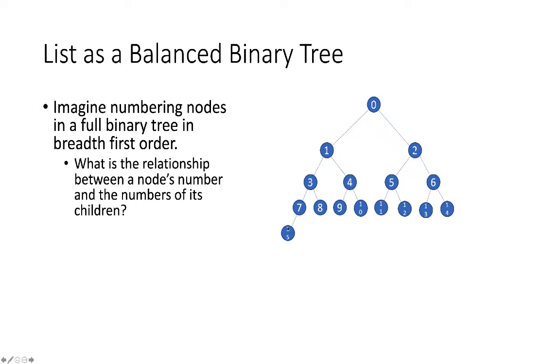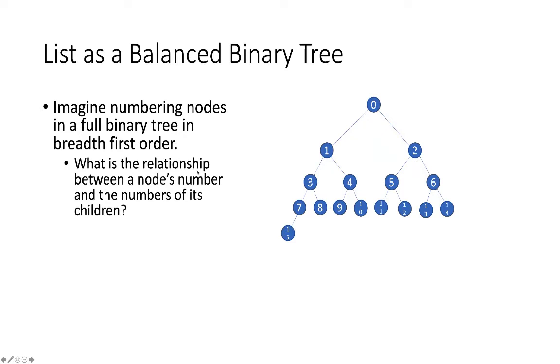So if we think about a full binary tree with nodes numbered according to their position in the tree, like in a breadth first order, there's a specific relationship between a particular node's number and the numbers associated with its children. So node 0 has children 1 and 2. Node 1 has children 3 and 4, while node 2 has children 5 and 6, and so on and so forth.